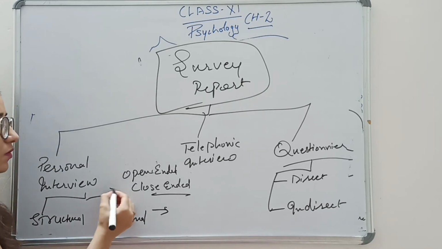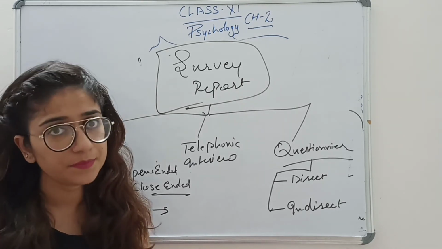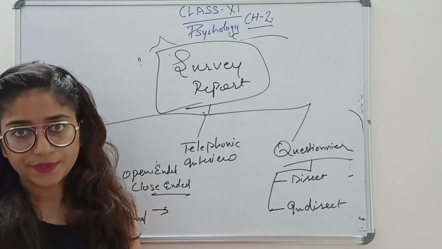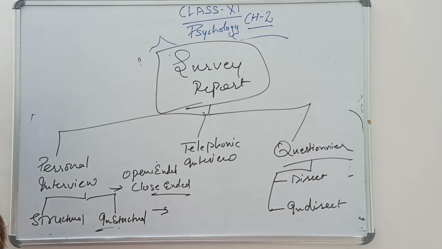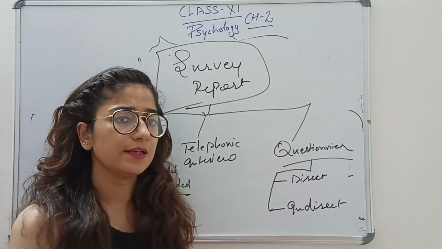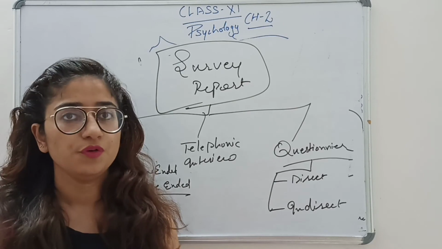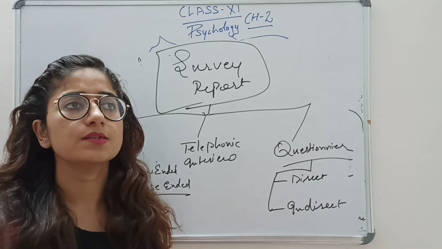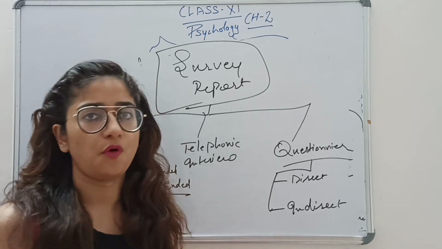Close-ended questions means like if I ask you, tell me something about yourself. In that, I am not asking you directly, but indirectly I am trying to ask you the same thing which I want to know. If you are not giving me an answer to a straight question, then I will ask you in another form.